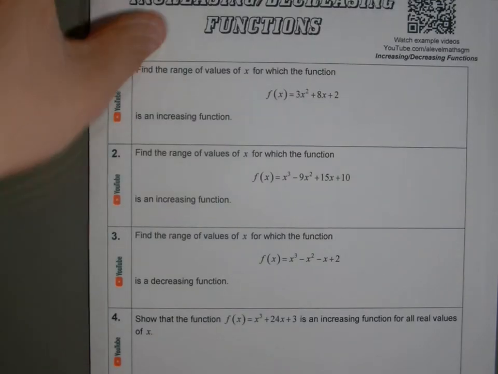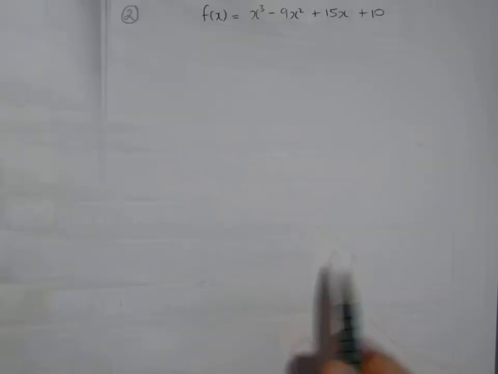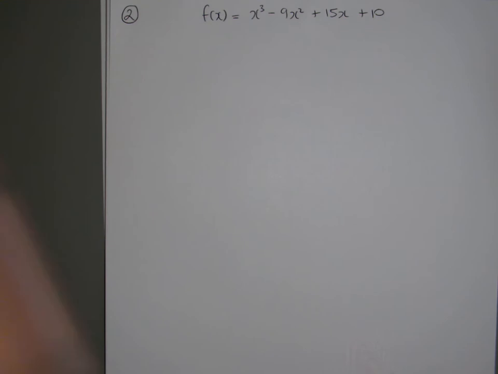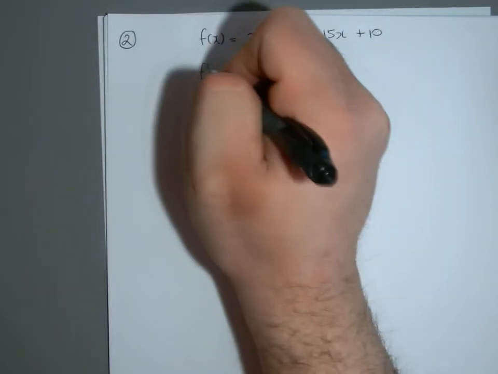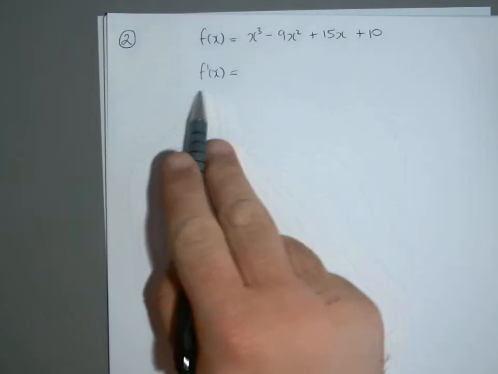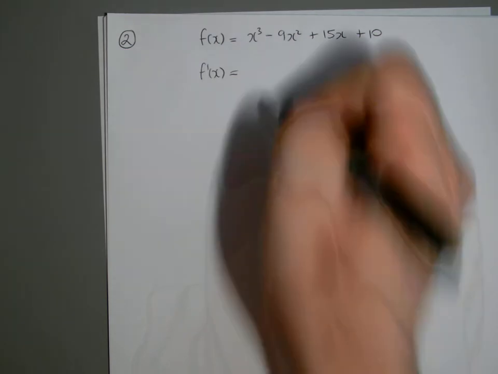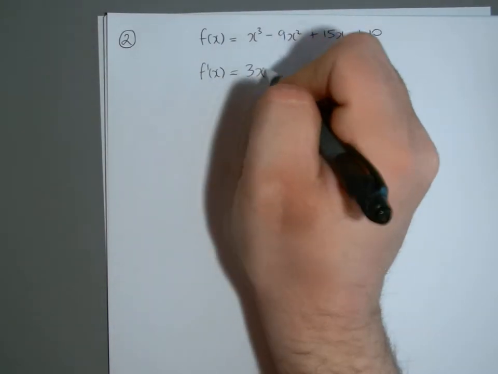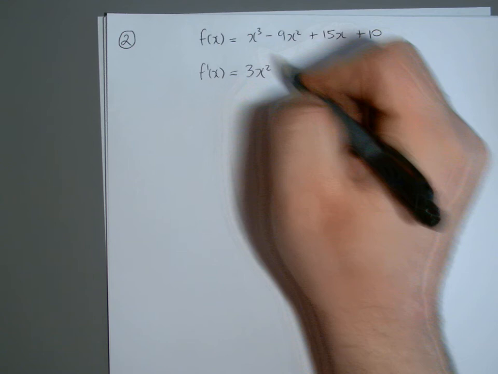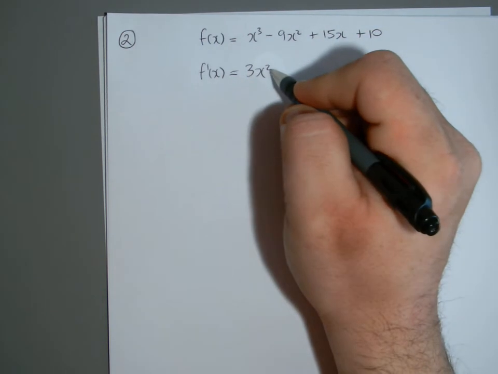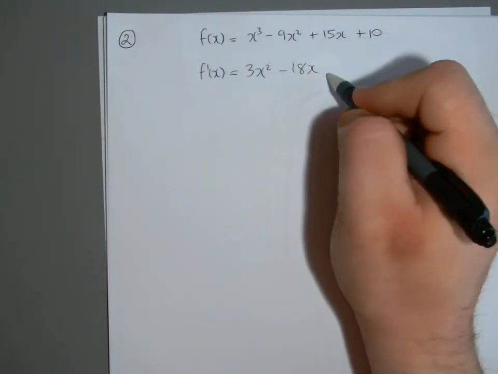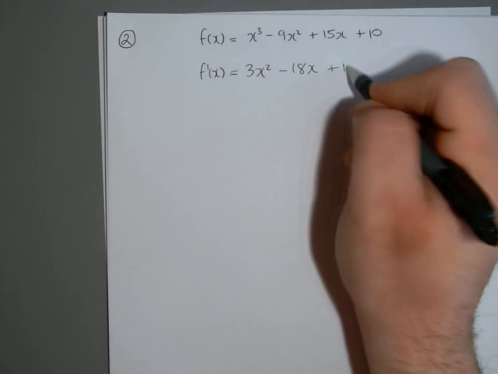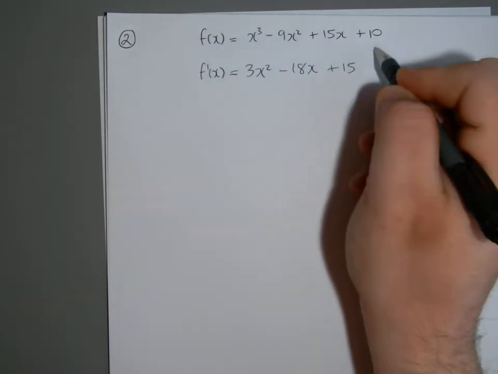So there's my function here, so I've written it down. And remember, because we're interested in when the gradient is greater than 0, I'm going to do f dash of x, which, remember from before, is just another way of saying dy by dx. So I differentiate this, I get 3x squared, bring the 3 down, reduce the power by 1, minus 18x, bring the 2 down, becomes 18, and then plus 15, 15x becomes 15, and the 10 disappears.